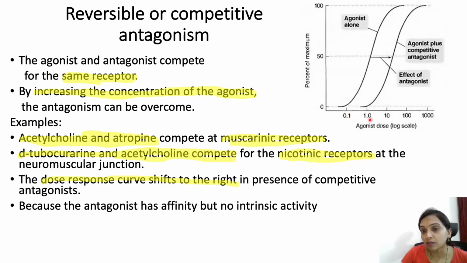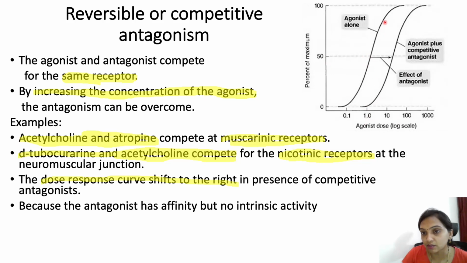See, with 1 milligram, the response seen here was up to 40 to 50%, whatever the unit dose. But in the presence of antagonist, the response produced is so much less with 1 unit of drug, right? With 10 units, similarly, there is a decrease in the response.